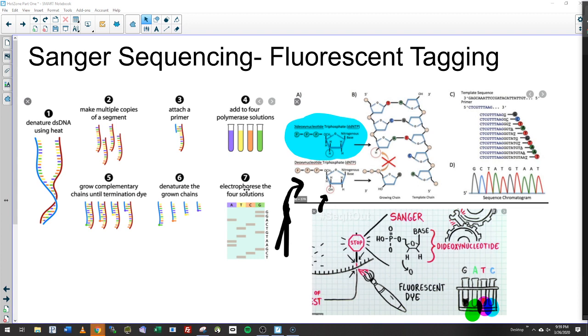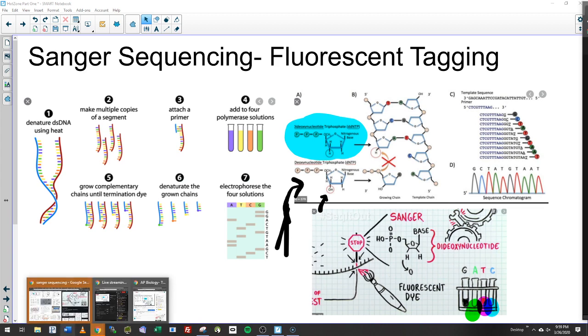But now we actually have this all automated, so that a computer system can scan through this information from a gel and has the resolution to distinguish between one base pair versus 6 base pairs versus 7 base pairs and pick up on the fluorescence.